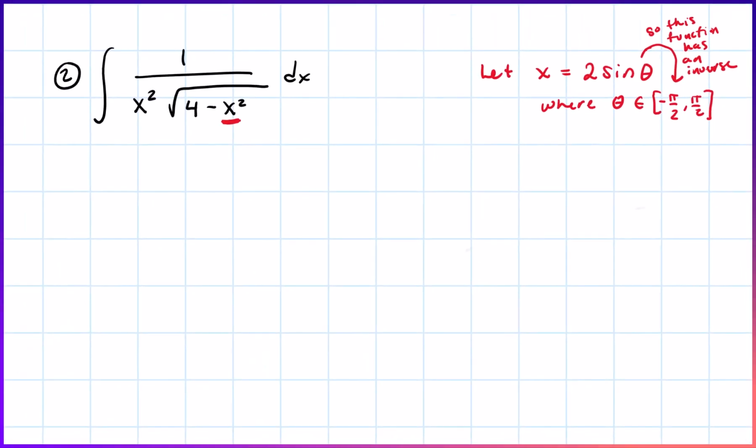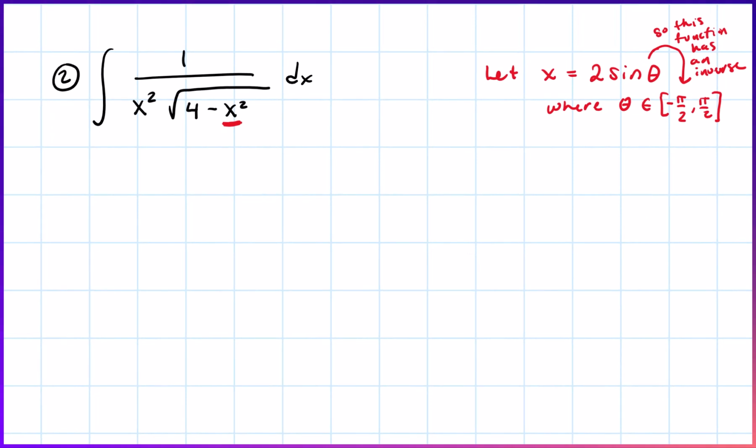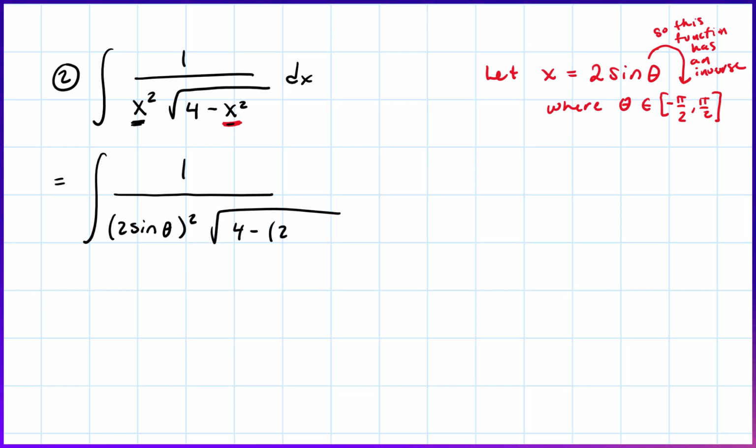Okay, so if I do that, if I let x be equal to 2 sine of theta, then I can plug that in for the x's. So where I have the two x's, I can plug that in. Now the thing that's going to happen here is this integral is going to become in terms of theta. So this will become 2 sine of theta squared, square root of 4 minus 2 sine of theta squared, and then my dx is still sitting right there.